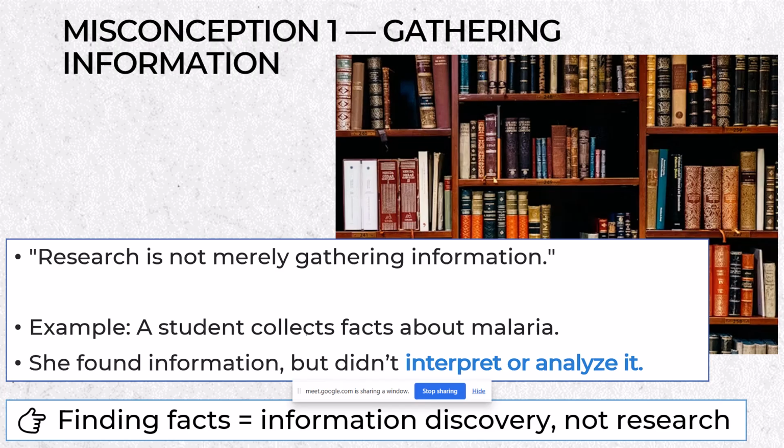Finding a fact is just information discovery, that is not research. If these facts were new to us, we have just discovered them. We didn't make any research.